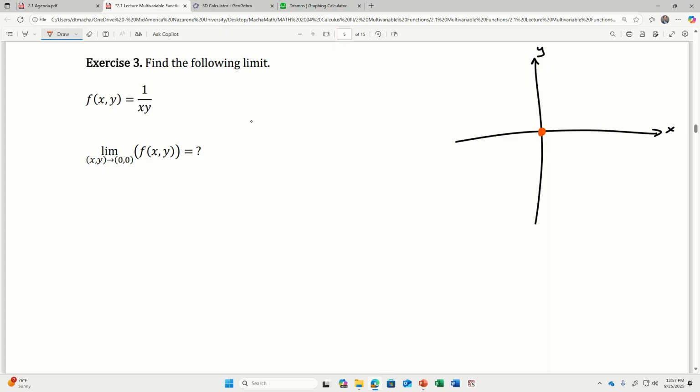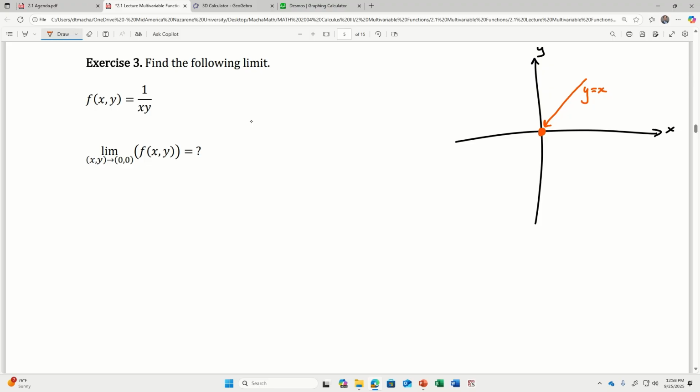For one thing, I could approach it from this direction. This direction is along the line where y is equal to x. So let's pretend for a moment that we're going to approach this point with a sequence of points and try to evaluate the limit along this line where y is equal to x.